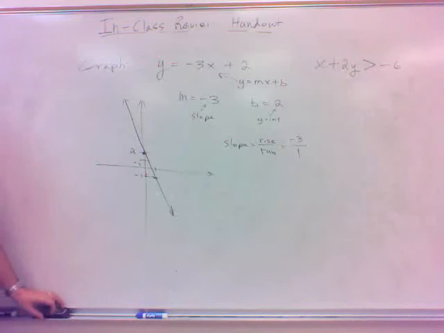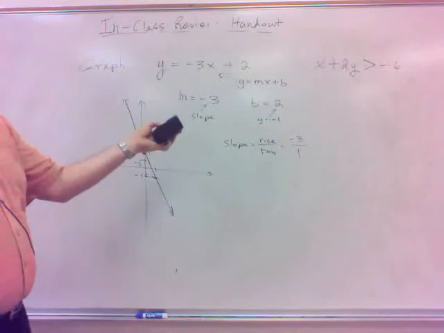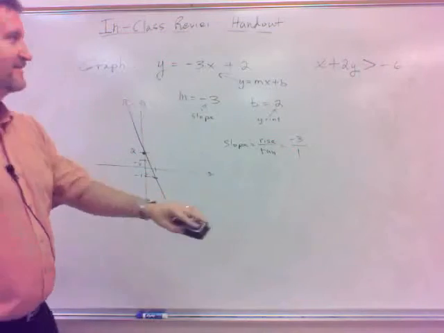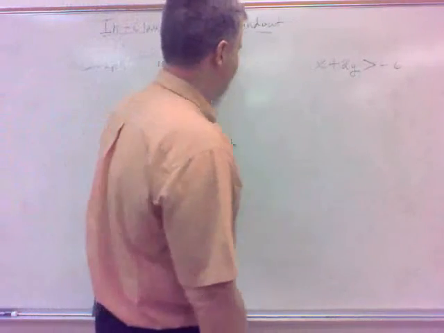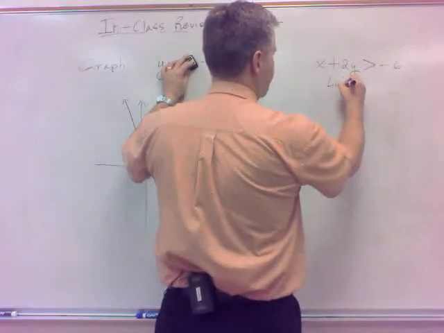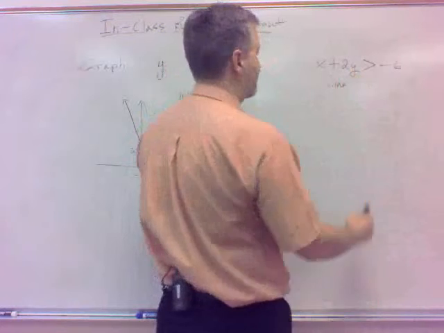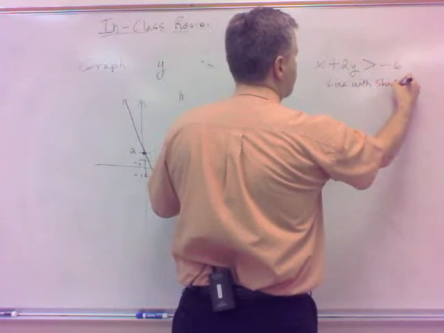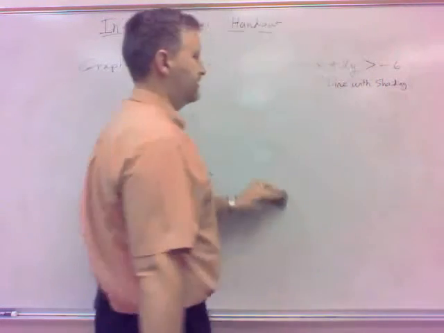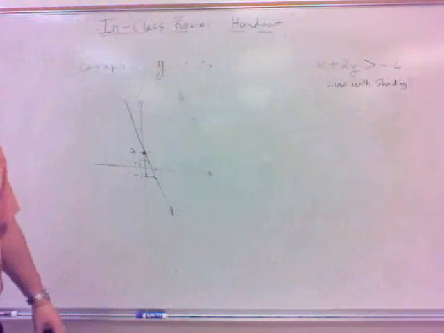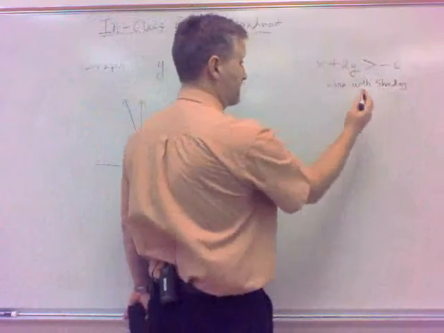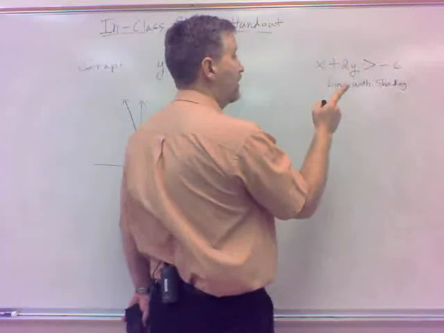That is basically the same as the ones we've just been talking about here, except what? What else is there? It's going to be a line, sure enough, but with shading. Yeah, the inequality here adds to it shading. Yeah, it doesn't have the equal to part.